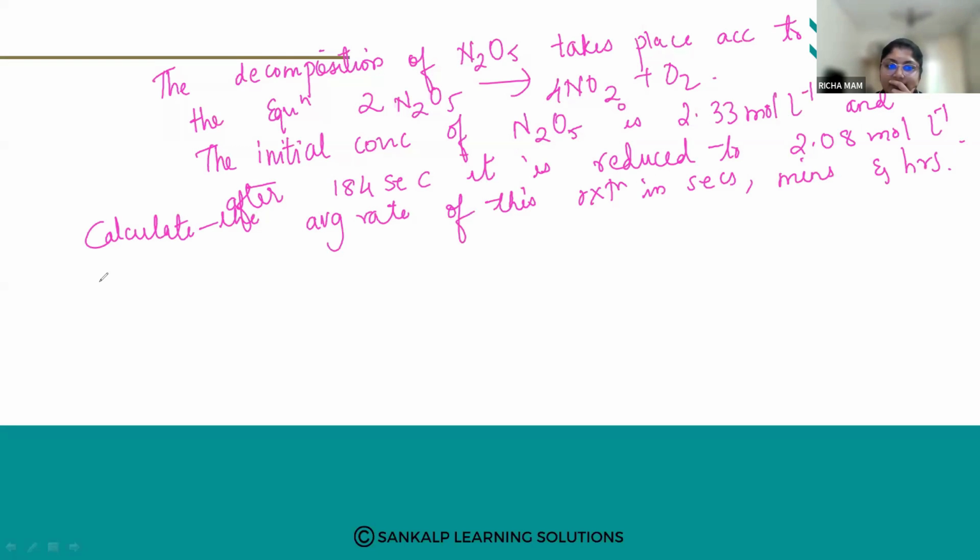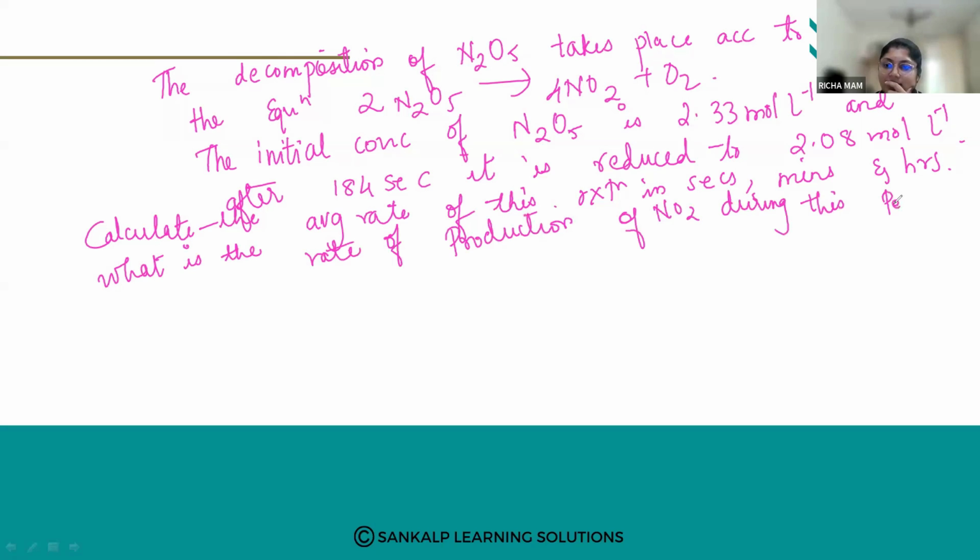Okay, so what is the rate of production of NO2 during this period? So this is the question given. The decomposition of N2O5 takes place according to 2N2O5 giving you 4NO2 plus O2.